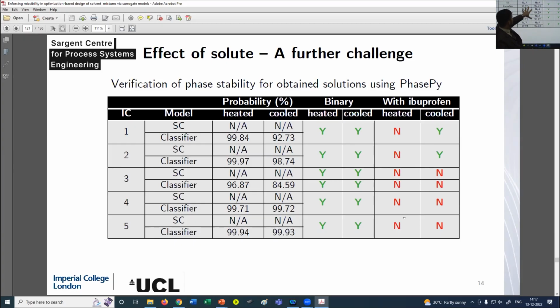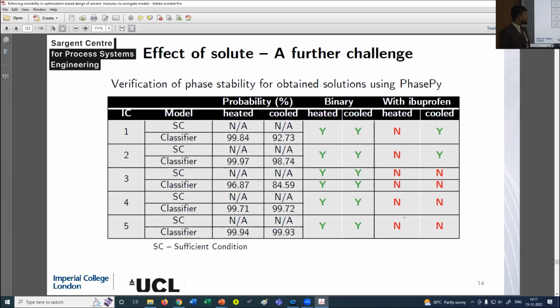And here are the probabilities that we obtain with the classifier. However, it is found that in the presence of API, it sometimes shifts the boundary of liquid-liquid equilibrium for a solvent mixture. So we need to account for that as well, which we haven't in the classification model that we trained. And you can see in the presence of ibuprofen, all of these solvent mixtures are not realizable in practice.